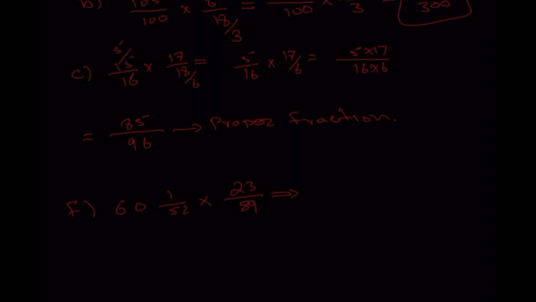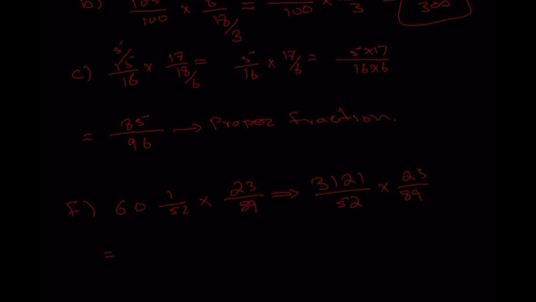Before we do anything, we have to simplify this mixed fraction. 60 times 52 is 3120 plus 1 will give me 3121. 3121 over 52 times 23 over 89. Now we can multiply these two numbers.